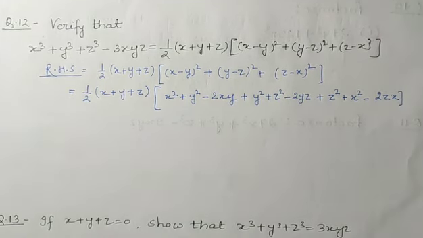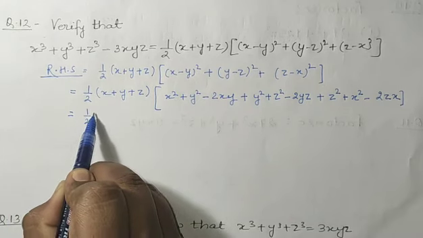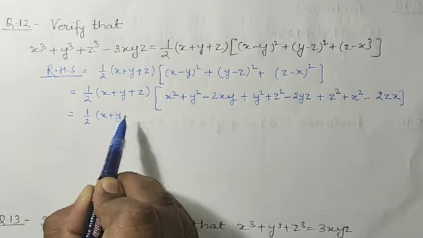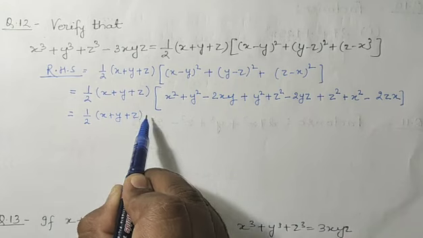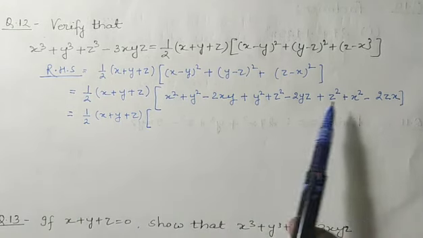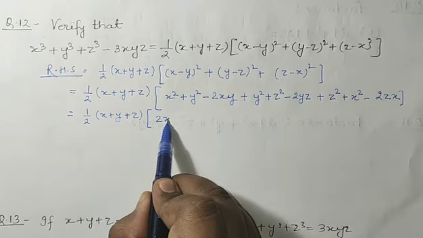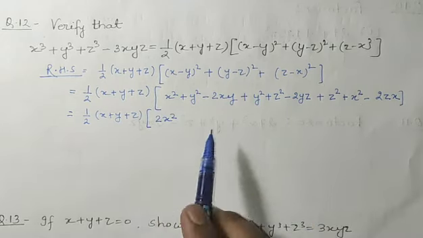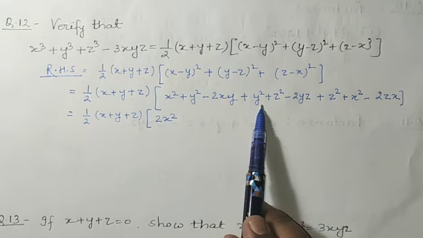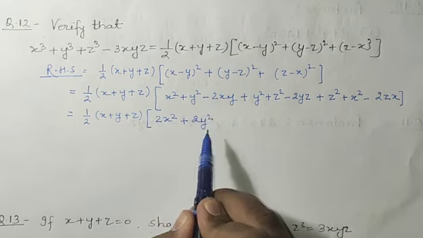Okay, now students, we will simplify it more, like half x plus y plus z. In the second bracket, see, 1x square is here and 1x square is here, means x square plus x square, it will be 2x square. 1y square is here and 1y square is here, means it will be 2y square.